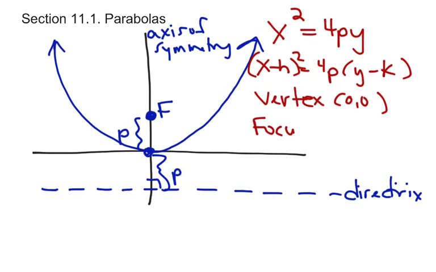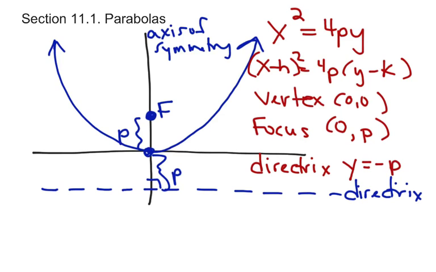So our vertex is at (0, 0). The focus is going to be at the ordered pair (0, p), because that focus happens to be on the y-axis, so its x-coordinate is 0, and it's p units up the y-axis. And the directrix, because it's below the x-axis, is going to be the equation y equals negative p.